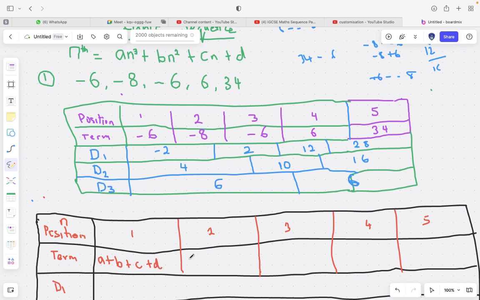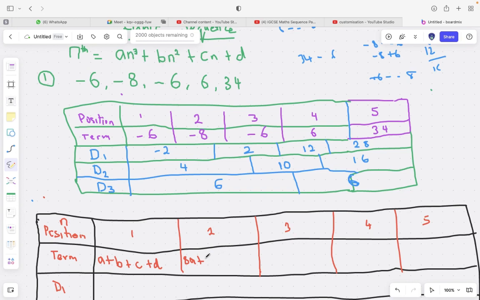Now the second place, n is 2. Since n is 2, you have to substitute 2 in place of n. 2 to the power of 3 is 8, that's 2 times 2 times 2. 2 times 2 is 4, times another 2 is 8. 8 times a is 8a. So here we have 8a plus, 2 to the power of 2 is 4. 4 times b is 4b.